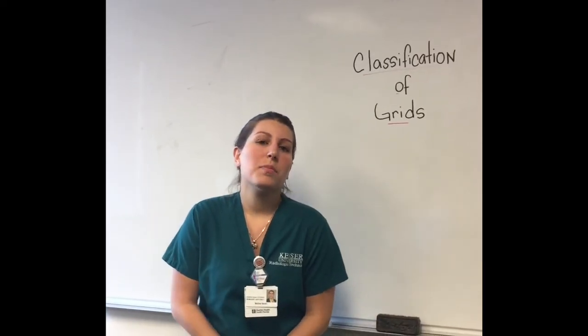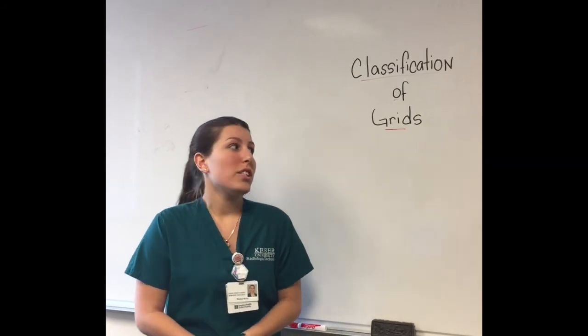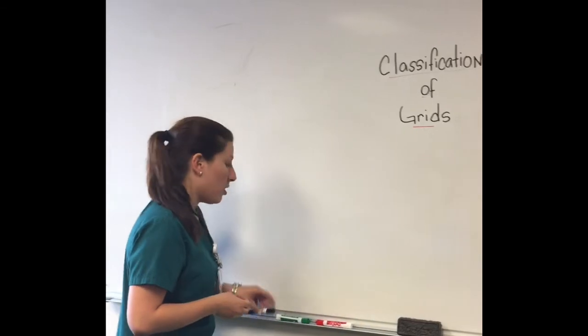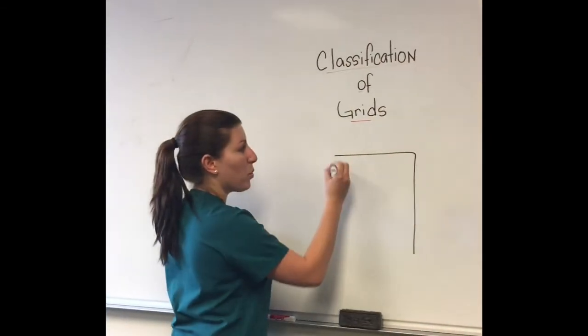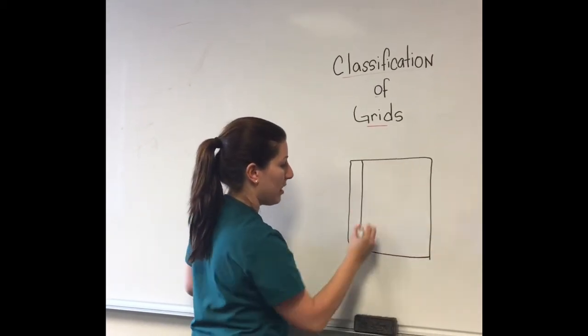So now we're going to speak about classification of grids. Grids are classified by the different ways that they're built. The first one I'm going to go over is the crisscross or crosshatch grid, which is like this.